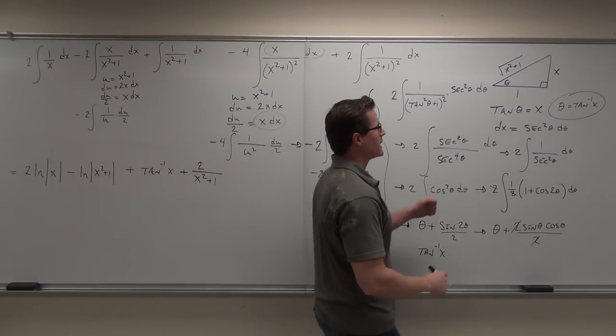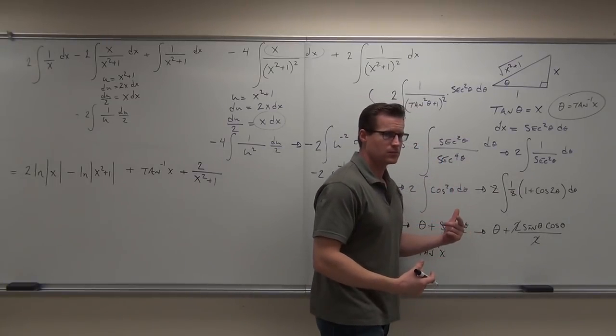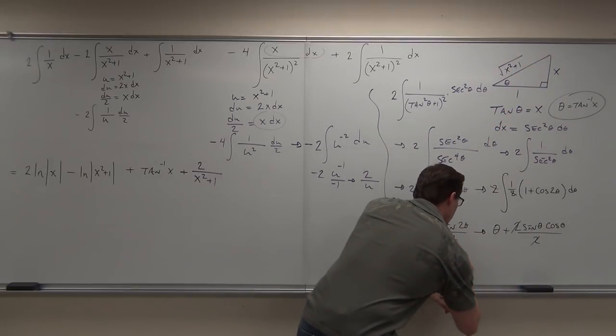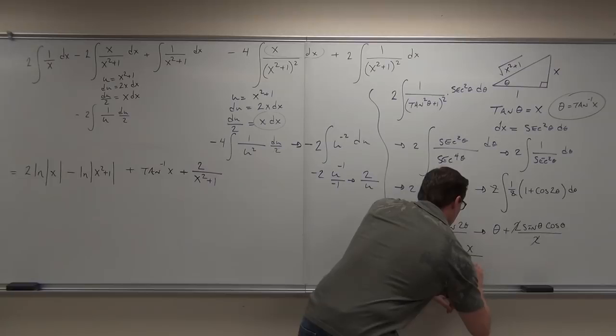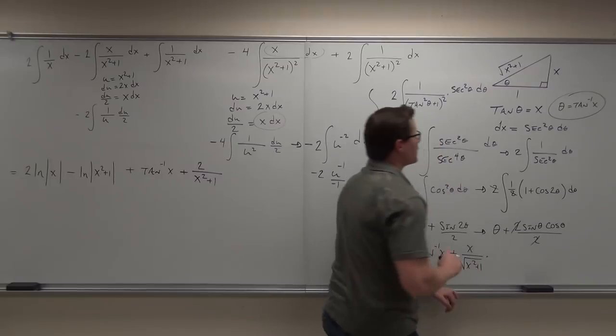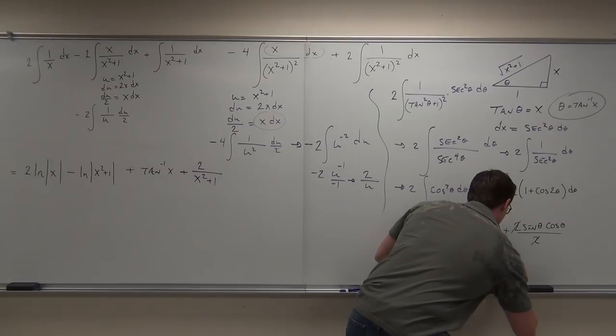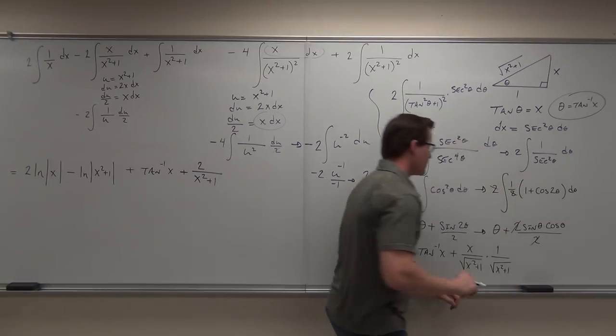Got that one. Can you do sine? Yeah. Sine is opposite, so that would be x over the square root of x squared plus 1 times, oh, cosine, look at cosine. Cosine is 1 over square root of x squared plus 1.